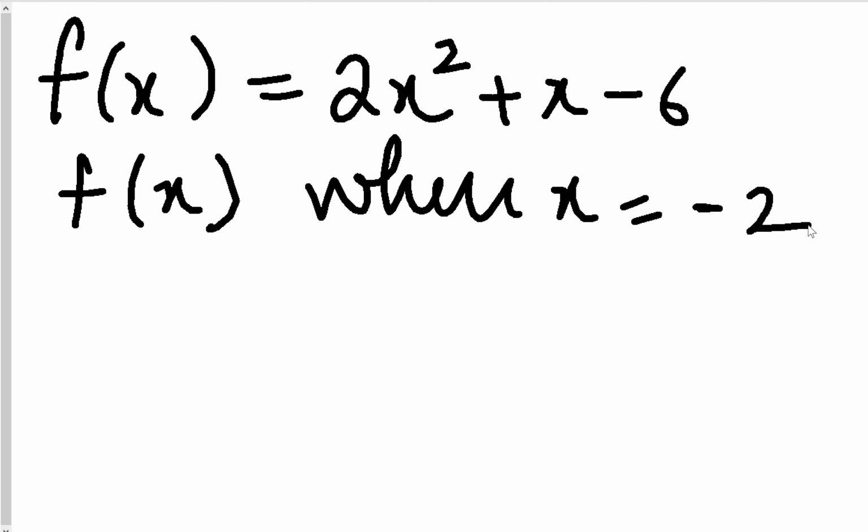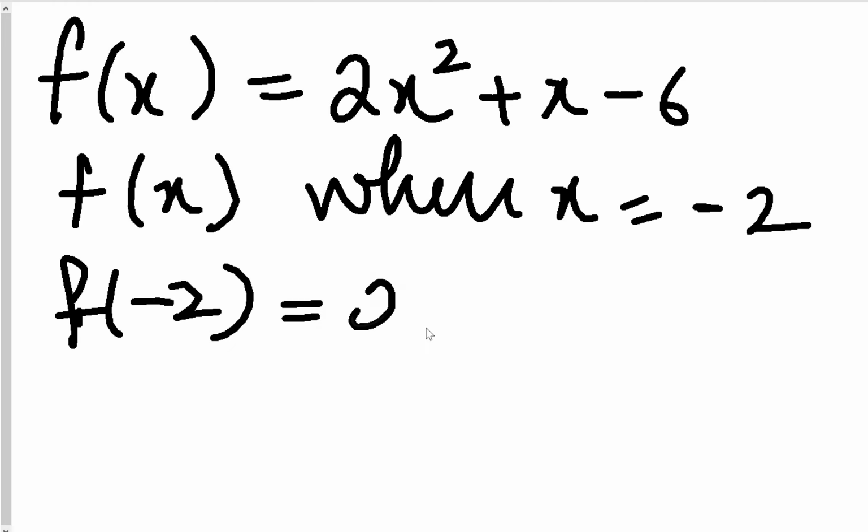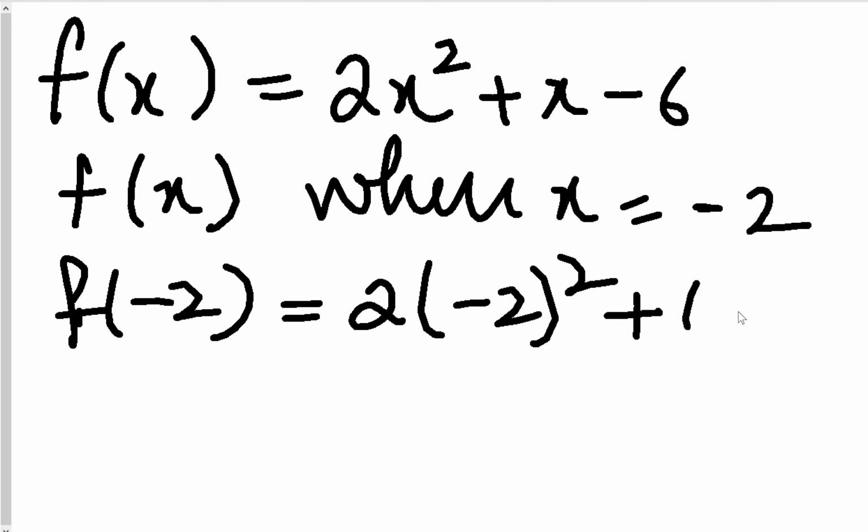So here again, this is nothing but a simple substitution. Let's plug in the value of -2 in this equation. In that case, we will have f of -2 equal to 2 into (-2) squared plus (-2) minus 6.